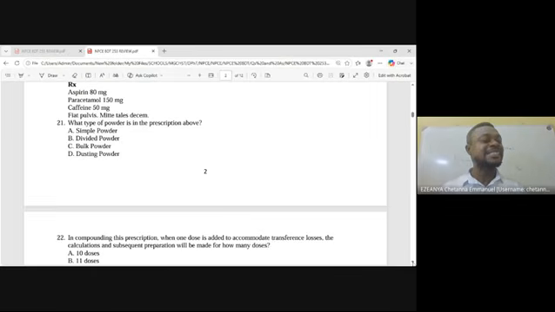For any medicine that you see with your eyes, even if you see it online, even if you see it live, try to find out the content. It's very important.